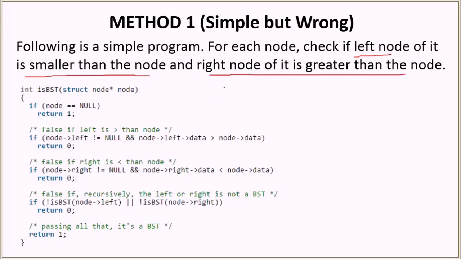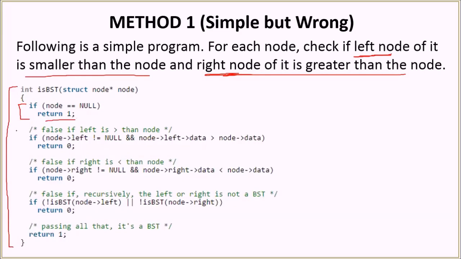Here we are going to check just the one node which is to the left or to the right. So this is basically the function. Here we are just checking if the node is equal to null, then we return true, that is 1 in this case.